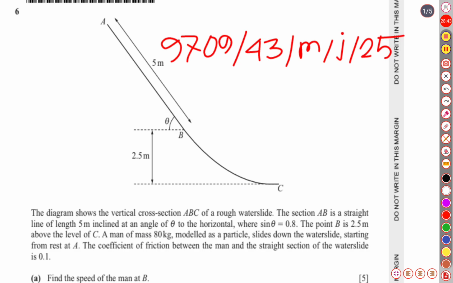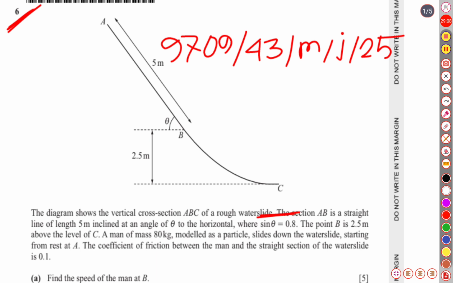The next question has been selected from paper 9709/43 for the session May/June 25, and we are going to solve question number 6, which says: the diagram shows the vertical cross section ABC of a rough water slide. The section AB is a straight line of length 5 meters inclined at an angle of theta to the horizontal, where sin theta is 0.8.